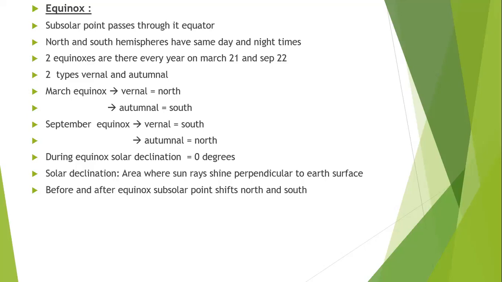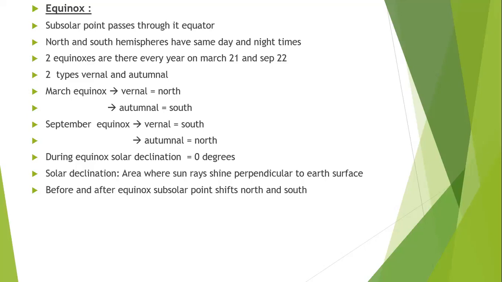This is called the subsolar point. If the subsolar point passes through the equator, it is called an equinox.